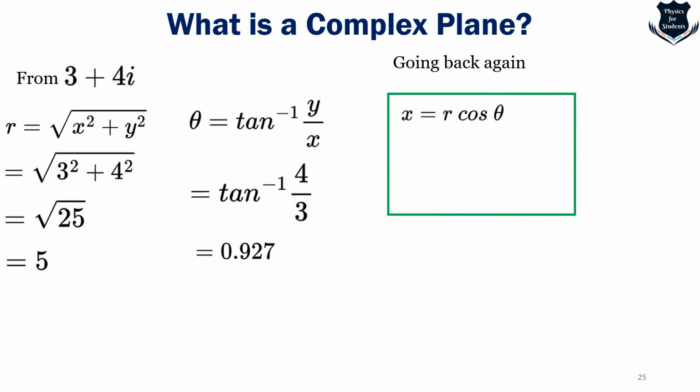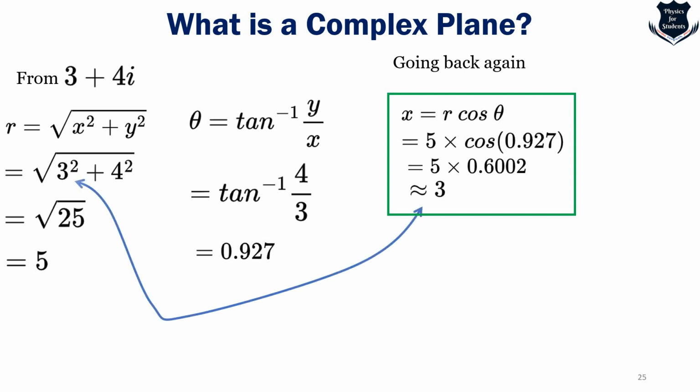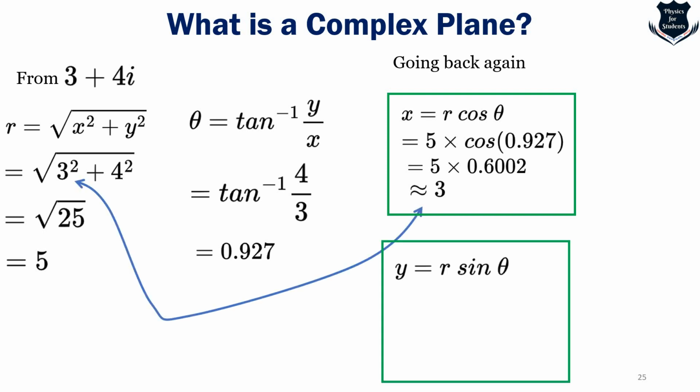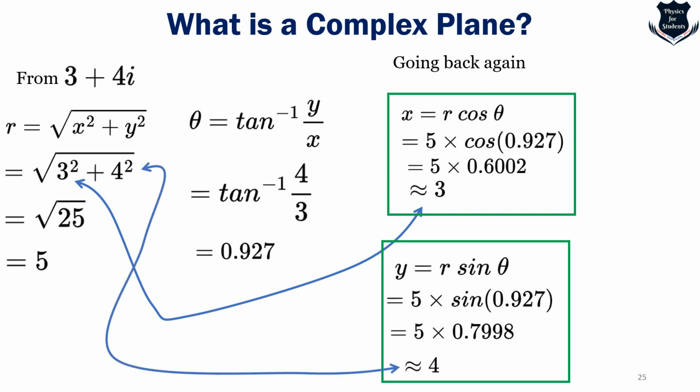Now if we use the polar formula x equals r cos theta and put in the value 0.927, we get approximately 3, and this 3 corresponds to this one. With y equals r sin theta and the same value 0.927, we get approximately 4, which is this one.